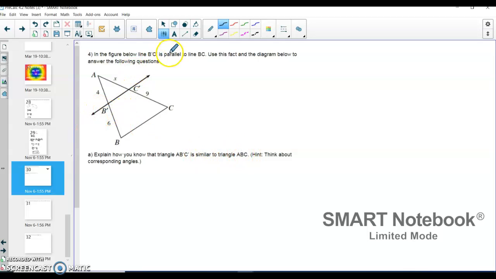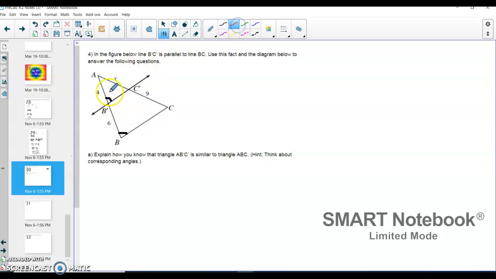Well, if I have parallel lines like I do here, B prime C prime and BC, then AB here is a transversal cutting those parallel lines. So we're allowed to say, well, when a transversal cuts parallel lines, the corresponding angles here are congruent. And so we have a pair of congruent angles there.